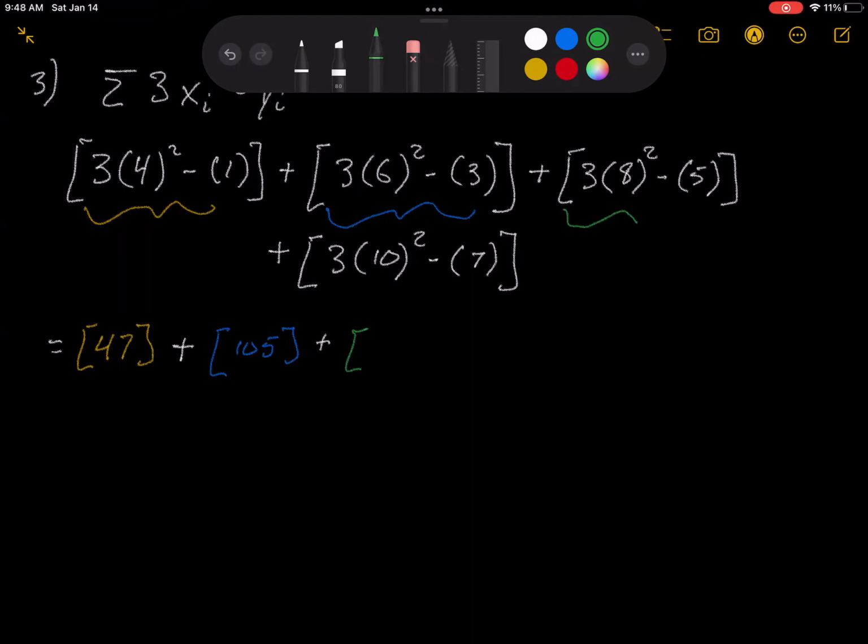All right, the next term in the sum is 8 squared, gives me 64. 64 times 3 is 192. I subtract 5 and I get 187. And finally, the last term in the sum, i is equal to 4 now. So I'm dealing with the fourth. 10 squared is 100. 3 times that gives me 300.